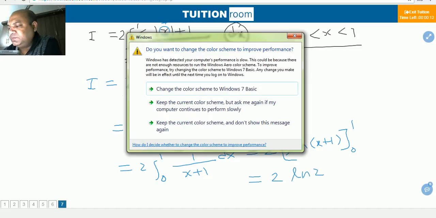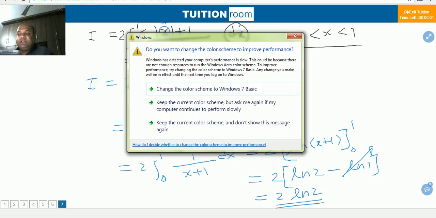Now students, I am moving on to the next problem. Let f be a function from real numbers to real numbers.